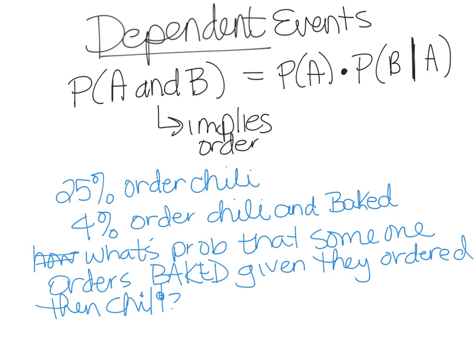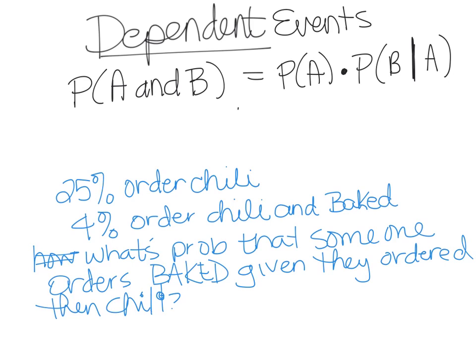Okay, so we're going to do this. The first thing you want to do is figure out what is the order that we're talking about. What happens first is ordering the chili. It's the one that you have this unconditional probability about, plain old ordering chili. That's going to be first.